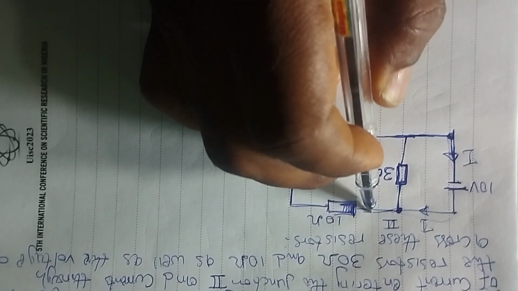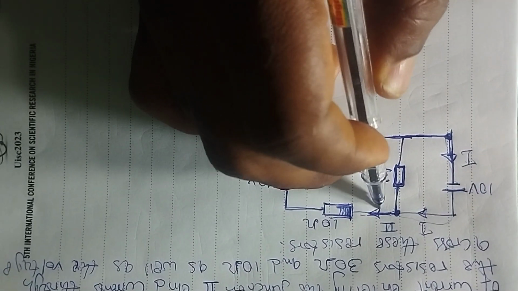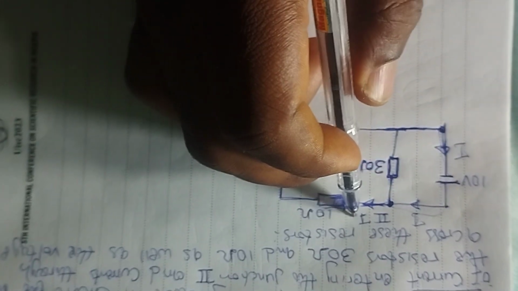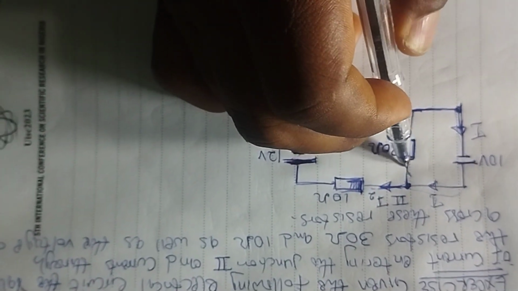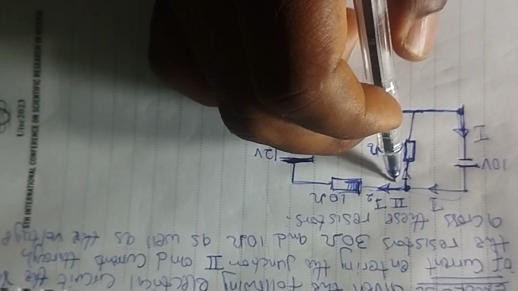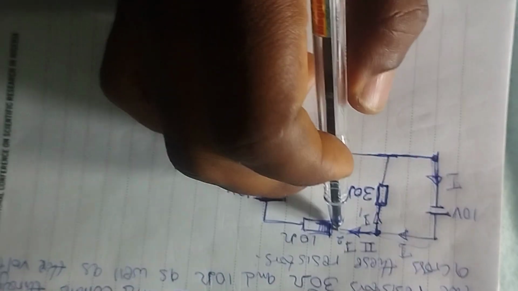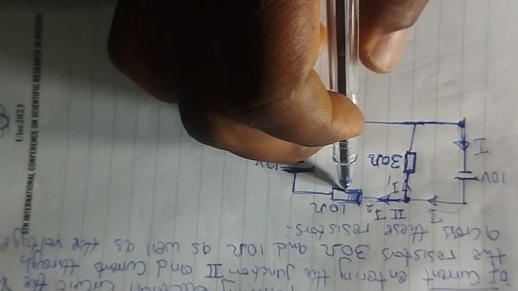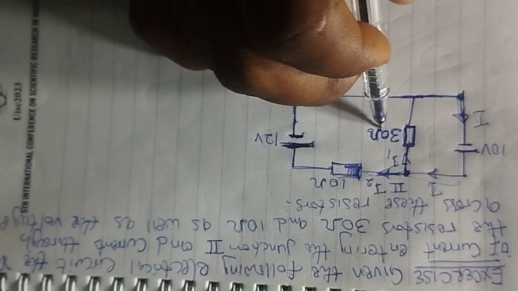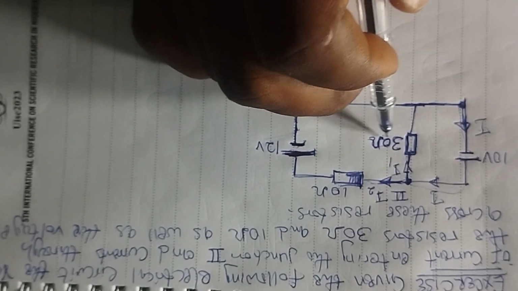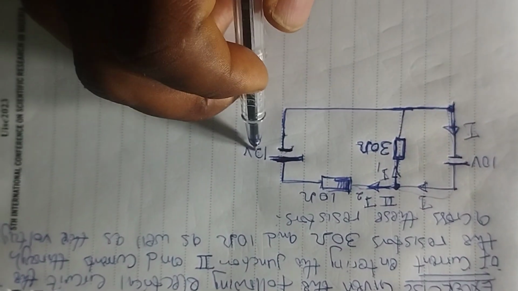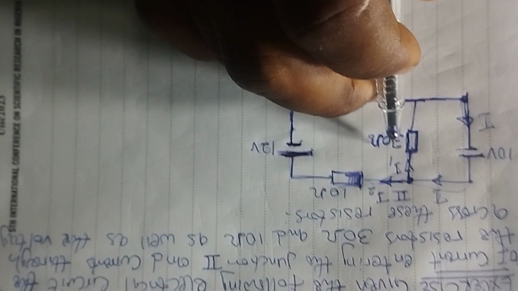The one that goes through this side of the branch, let's call it I2, and the one that goes into this side of the branch, let's call it I1. So current I2 is entering the 10 ohms resistor, while current I1 is entering the 30 ohms resistor. We have two cells in this particular circuit.